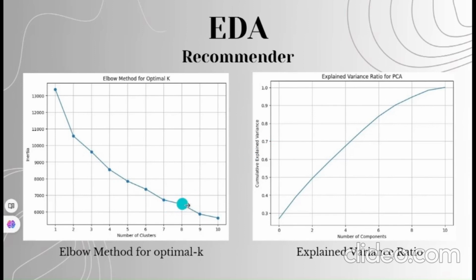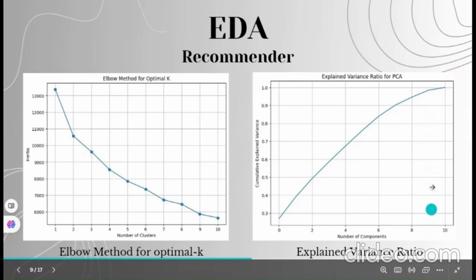So from here we can decide that either 7 or 8 will be our optimal K, and we used K in our recommendation system. For PCA we also plotted cumulative explained variance versus number of components, and there we got 9 as the optimal number of components.